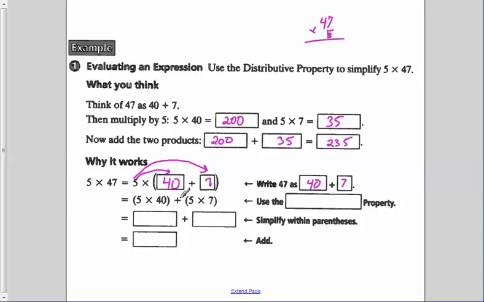We're going to use the distributive property, so 5 times 40 is 200, and 5 times 7 is 35. We add those two together, and we still get our 235.